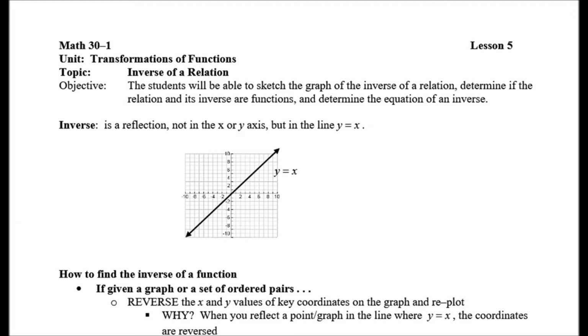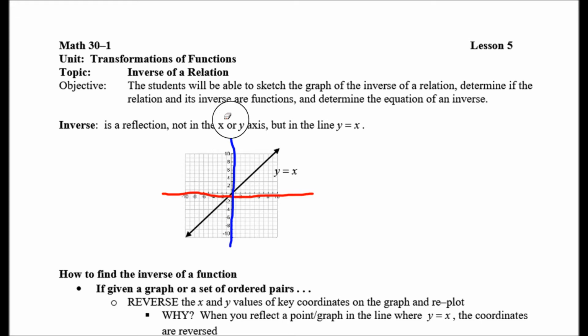All right. Here's the good news. If our A value is negative, we reflect over the line y is equal to 0, otherwise known as the x-axis. If the B value is negative, we reflect over the line x equals 0, otherwise known as the y-axis.